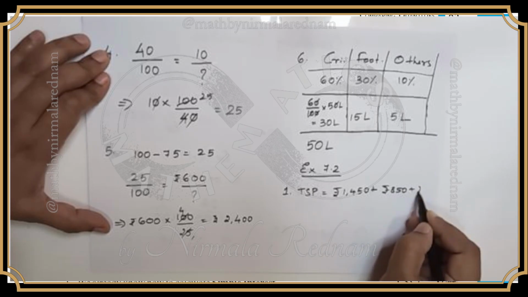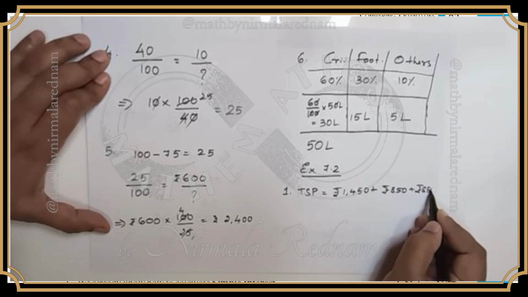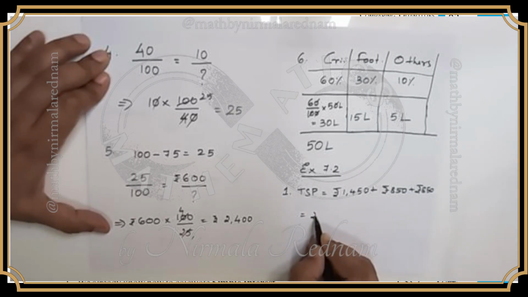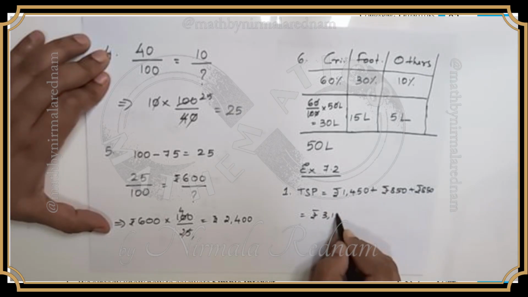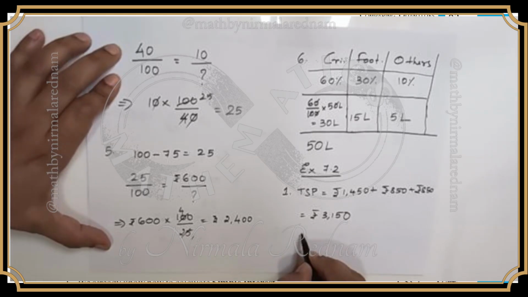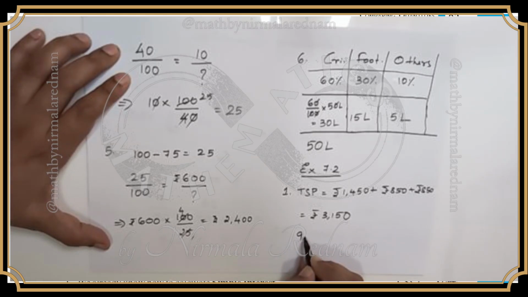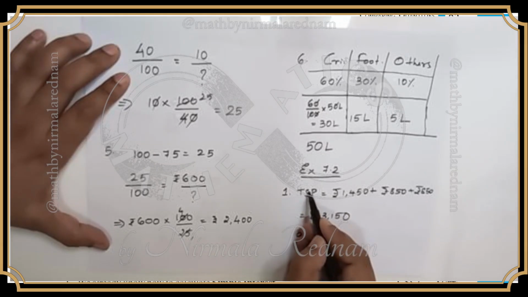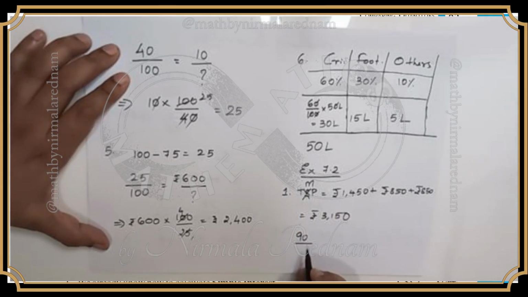I'm going to take two shirts, right? So when you add this up, you're going to get 3150. Okay. Now they're asking me how much did he pay after the discount. Discount is 10%. So he's going to pay 90%. Sorry, this is the total marked price. 90% of this amount is what he's going to pay.